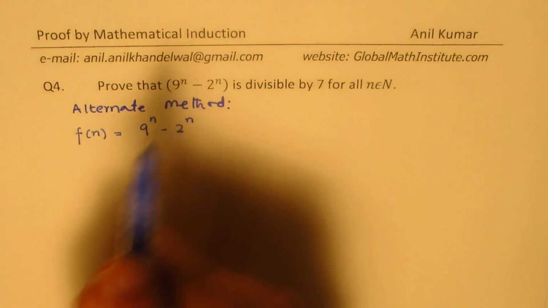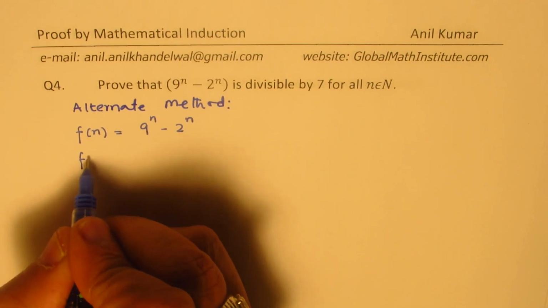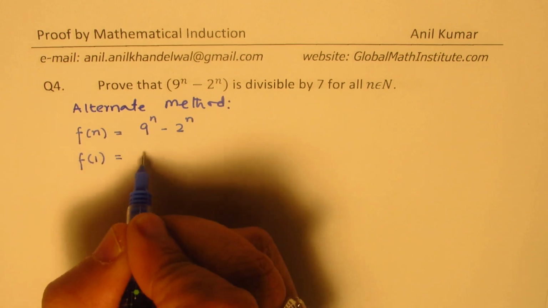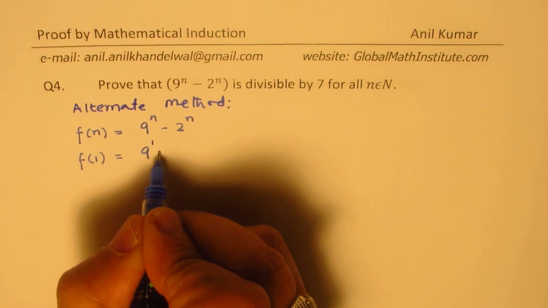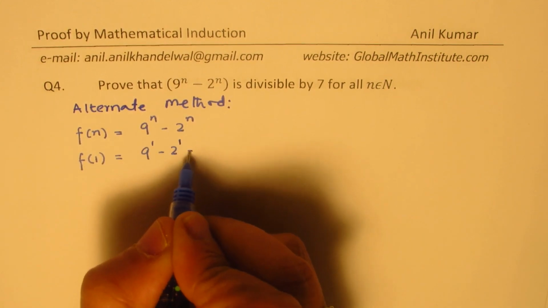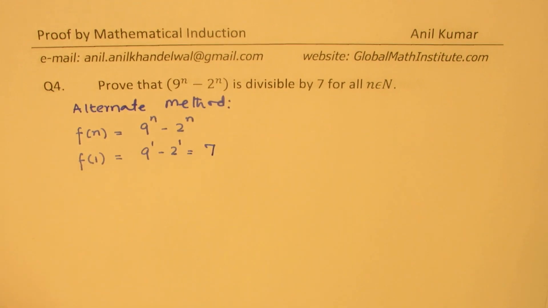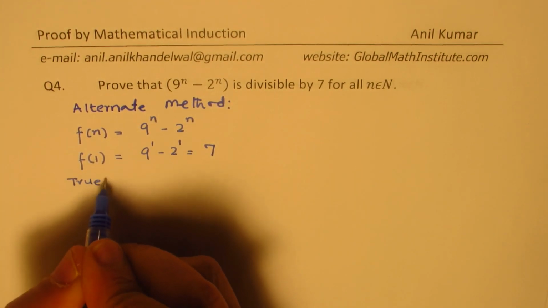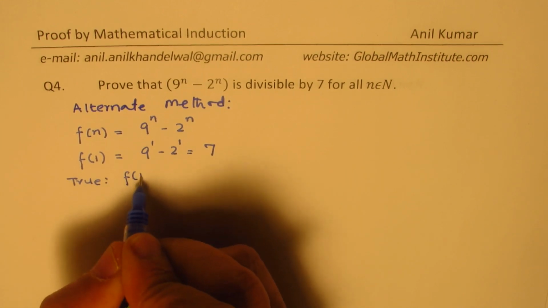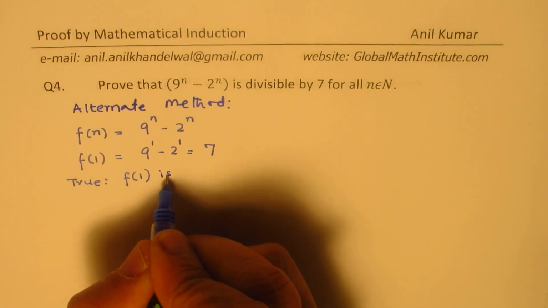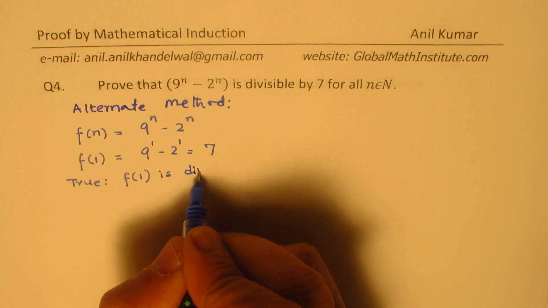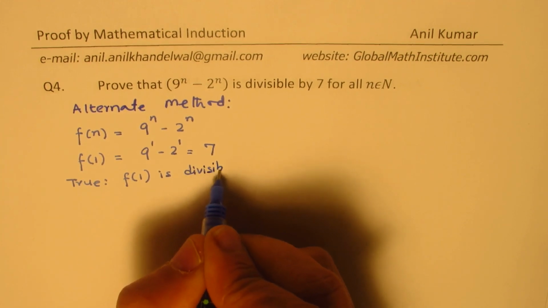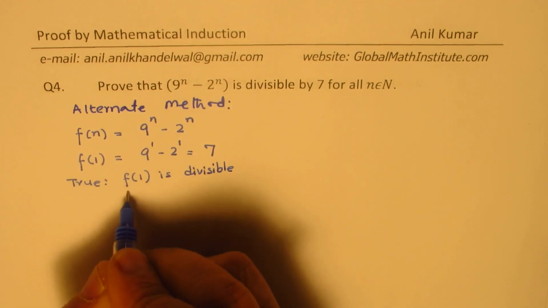When we use the method of induction, we can write f of 1 as equal to 9 to the power of 1 minus 2 to the power of 1, which is definitely 7. So it is true that f of 1 is divisible by 7.